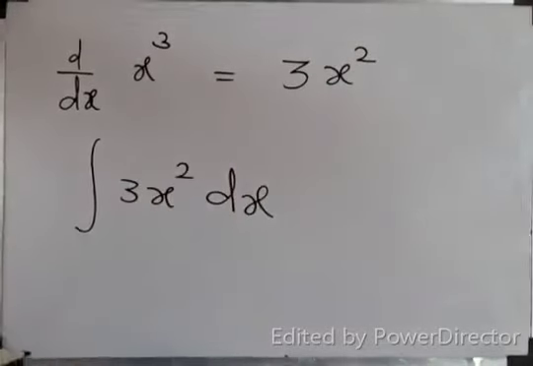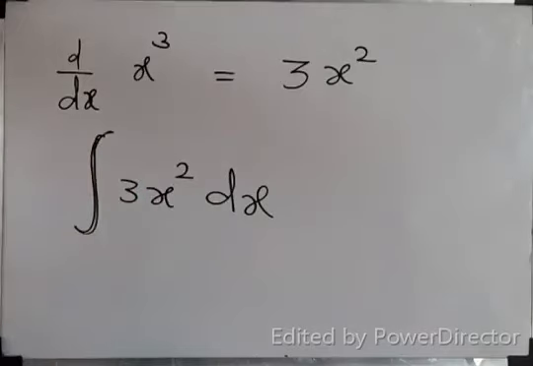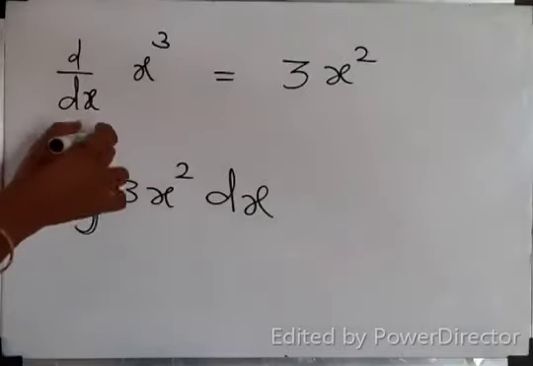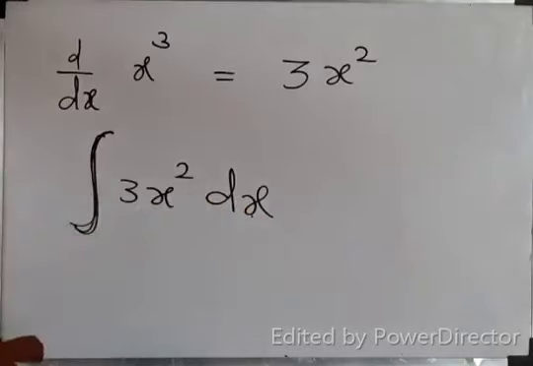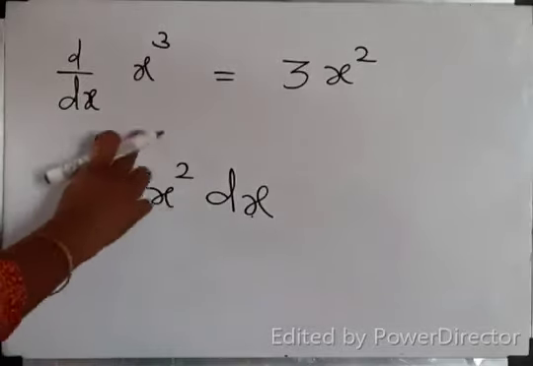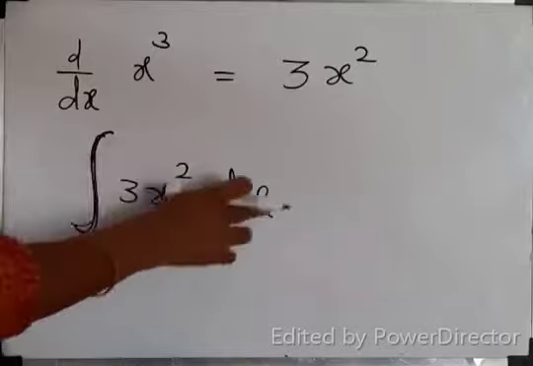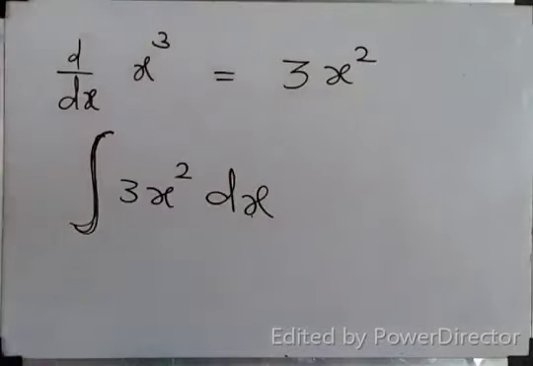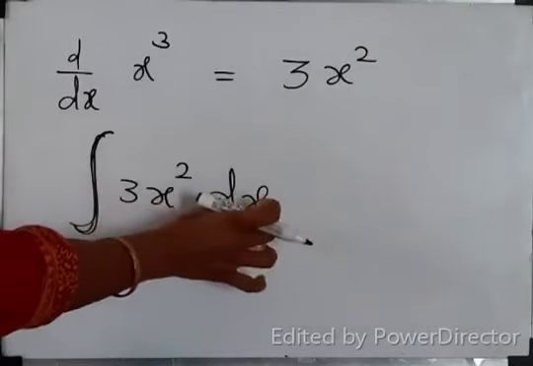Ma'am, what is the meaning of integration? This is the symbol, an elongated S. Elongated S is the symbol for integration. Whenever the symbol comes, dx is to be followed if the function is in x. Suppose it is 3y square, then dy will follow automatically. If the function is 3x square, then dx will follow.